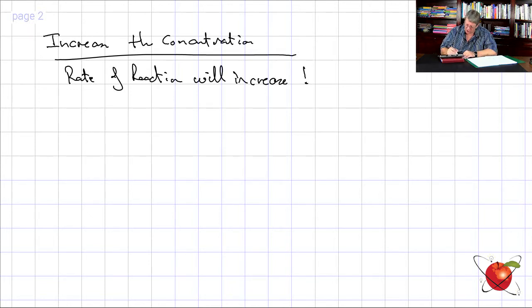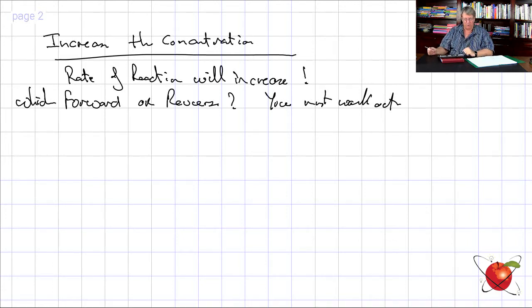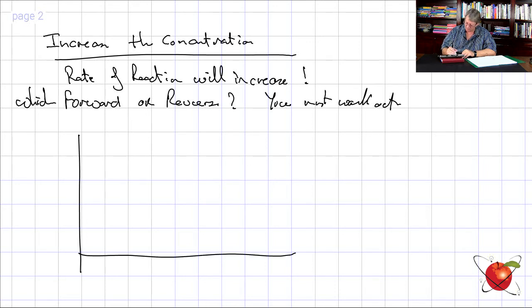But which? The forward or reverse? You must work out. Depending upon what they give you, we can work it out. So let us start with our problem over here. I'm going to say this is the forward, and give a little bit more gap, forward and reverse here.